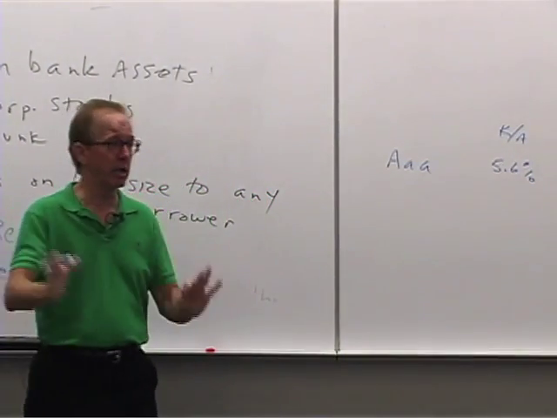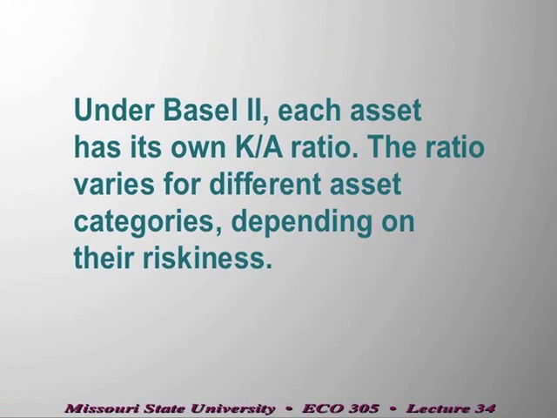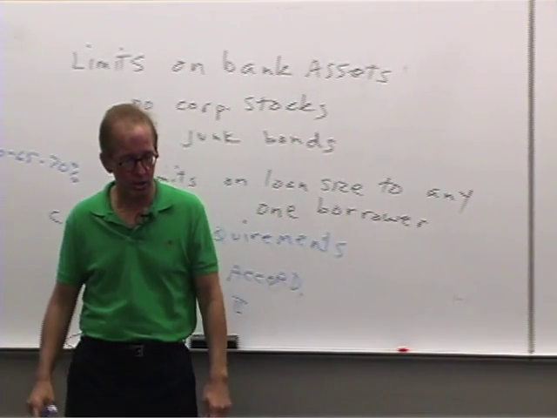And if all you did is just make loans to AAA rated companies, now of course you're going to have some liquid assets which are equivalent of cash, and you don't need to set aside capital for cash. But if everything on this side of the balance sheet, your assets, were all AAA rated loans, then you could get by with a 5.6% capital asset ratio.